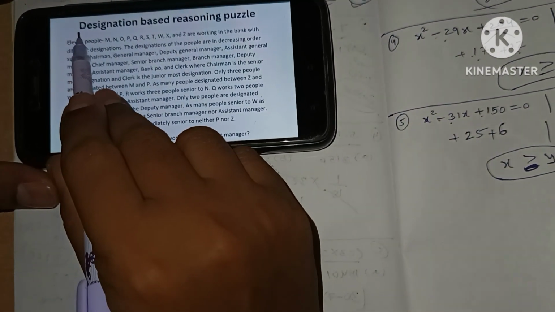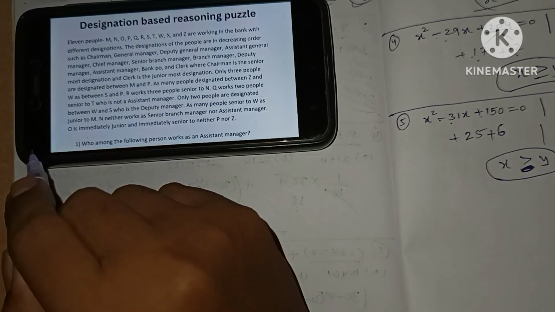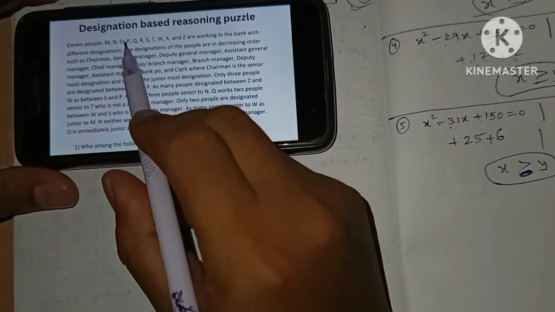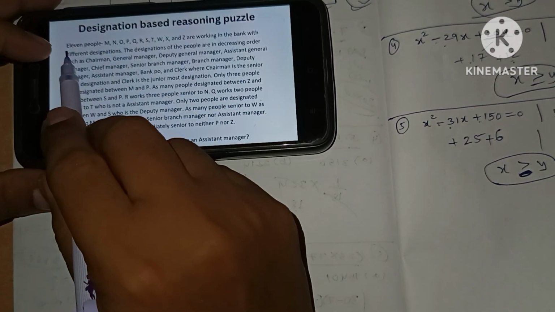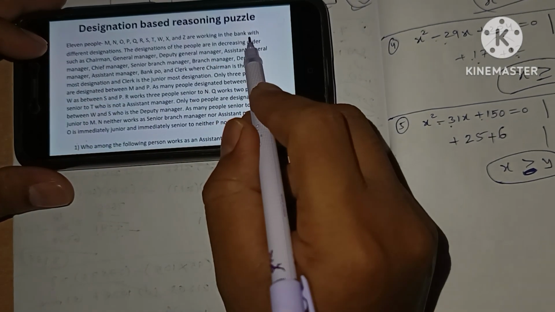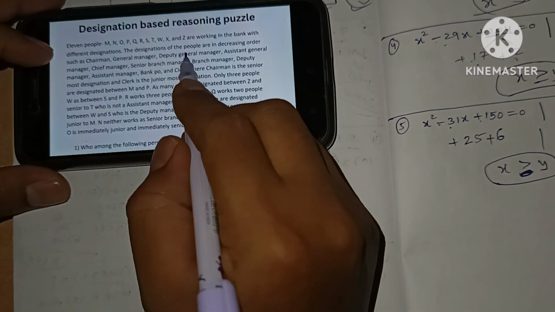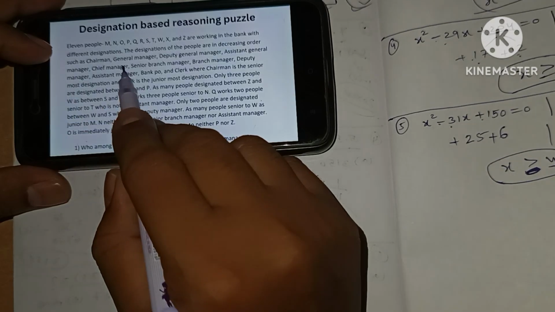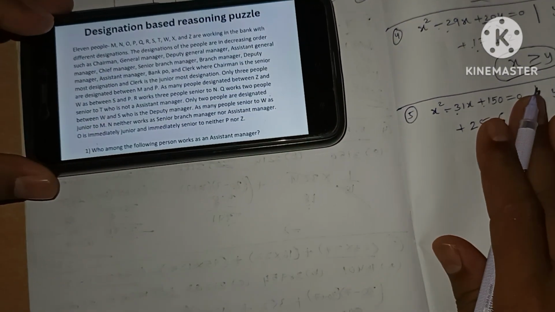Now we are going to see a reasoning puzzle based on designations. 11 people working in the bank with different designations. The designations of the people are in decreasing order. Okay, let's note all the designations.